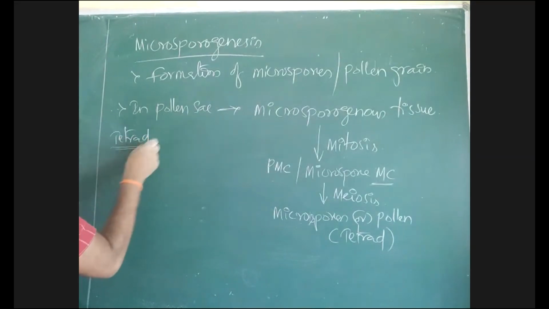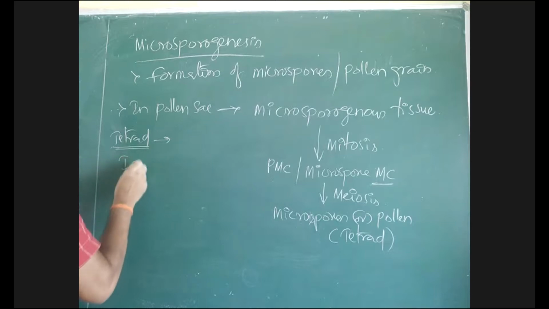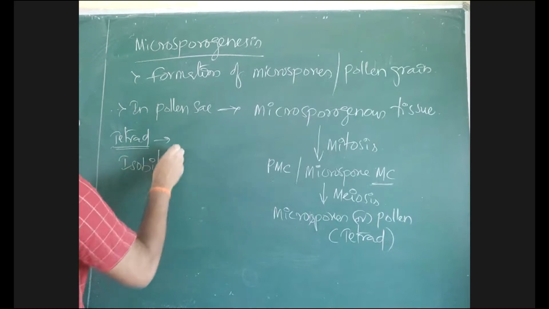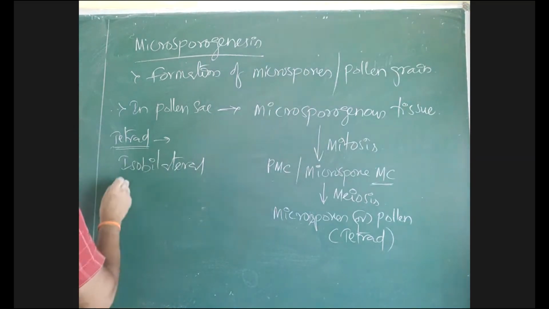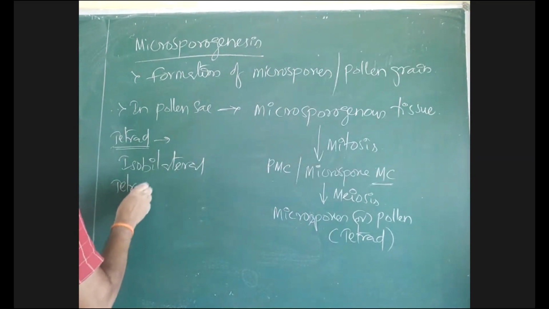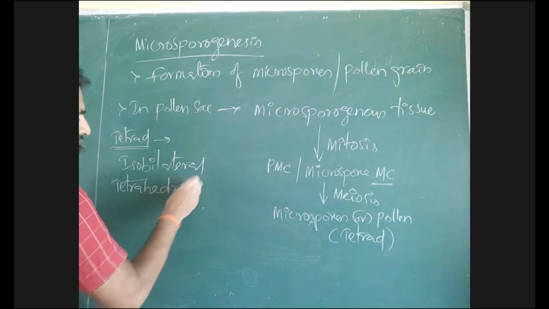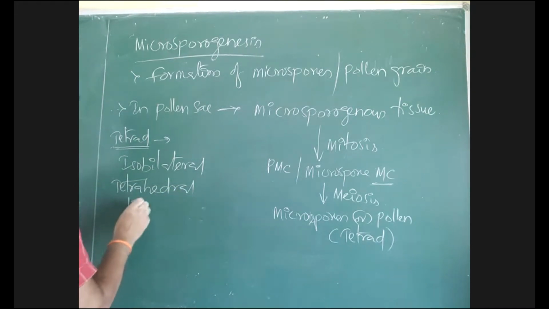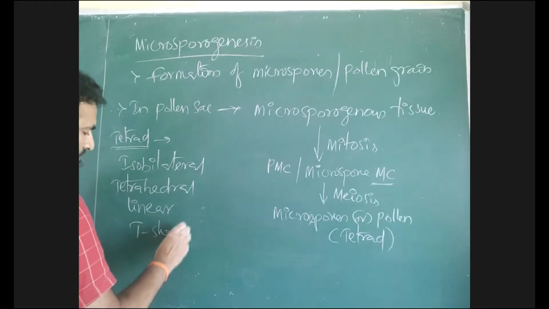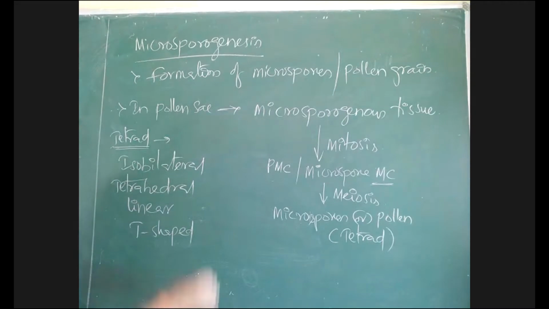That tetrad may be isobilateral, or tetrahedral, or linear or T-shaped. What are those?